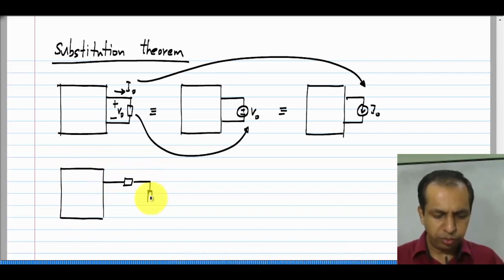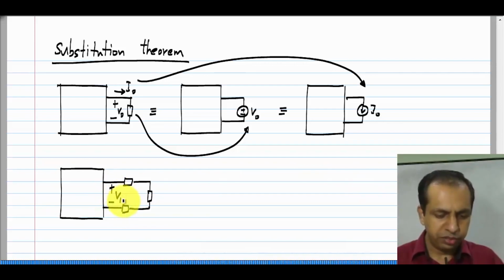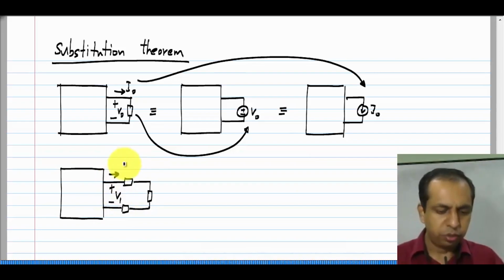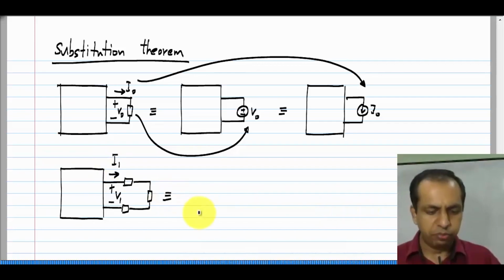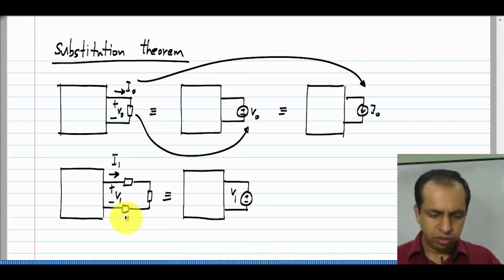let us say we had a series combination of 3 elements. And across the series combination, I had a voltage V1, just to distinguish from the other case, and through the series combination, I had a current I1. Now, this is exactly equivalent to, I can replace all these 3 together with a voltage source of value V1.